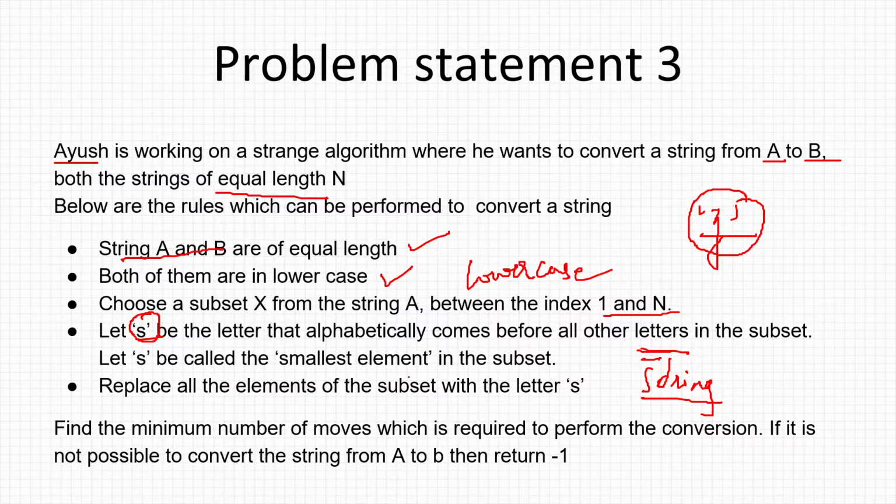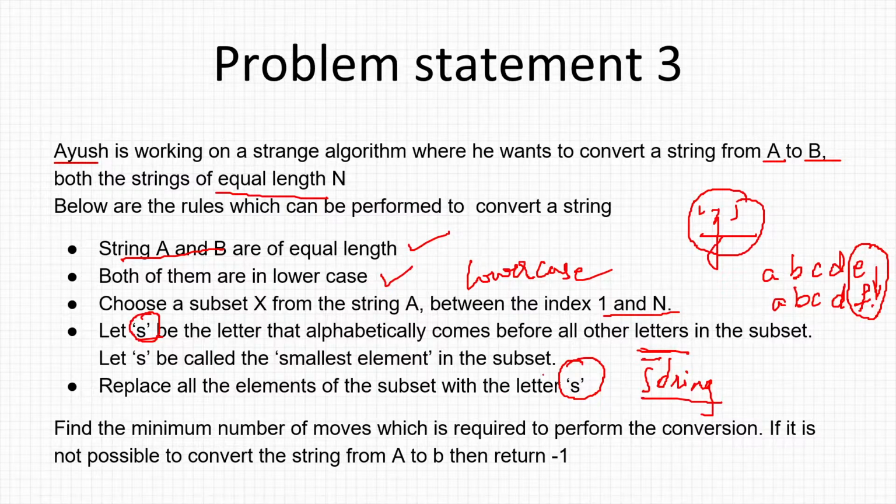There are elements of the subset with the letter S. If this is the smallest, you are supposed to replace all the elements in the subset with the letter S. Now the task is to find the minimum number of moves required to perform this conversion. Suppose A, B, C, D, E, and another string A, B, C, D, F. E is smaller, so to convert F to E, you find the minimum number of conversions.